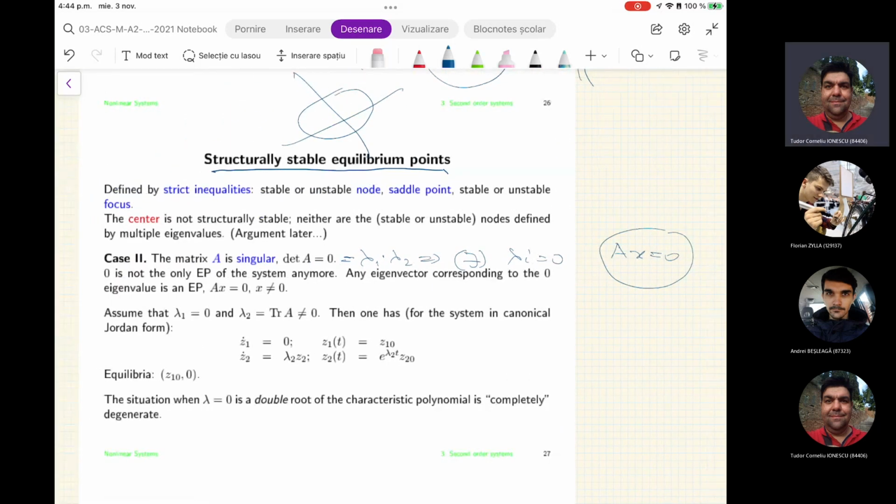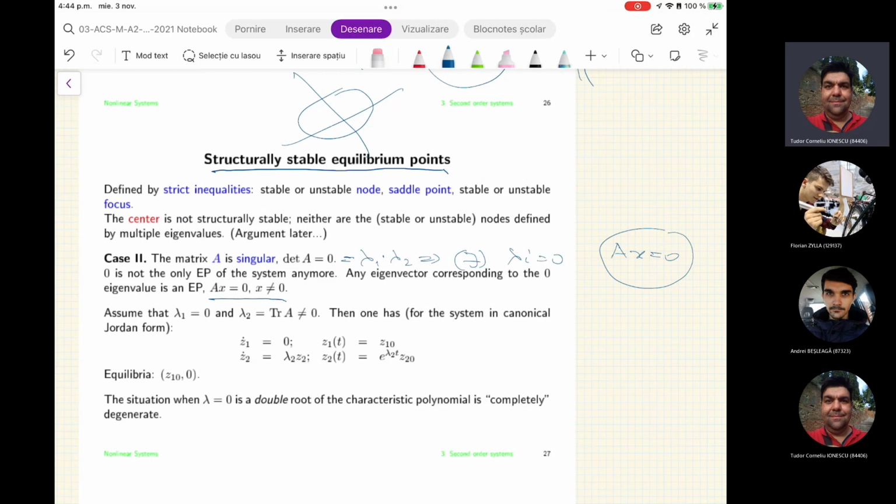Okay, so any vector corresponding to the 0 eigenvalue is an equilibrium point. So there exists x non-zero such that Ax equal to 0. So 0 in this case is not the only equilibrium point any longer. Assuming that one of the eigenvalues is 0 and the other one is non-zero, the other one equals the trace of A.